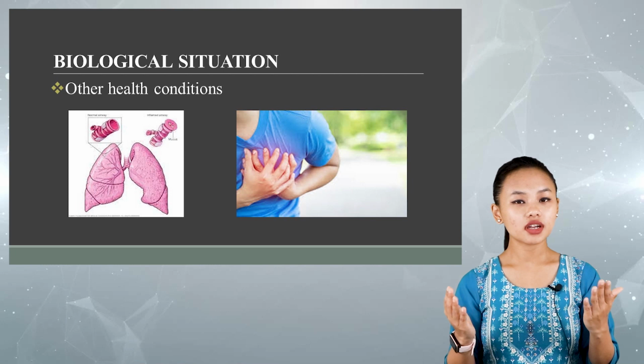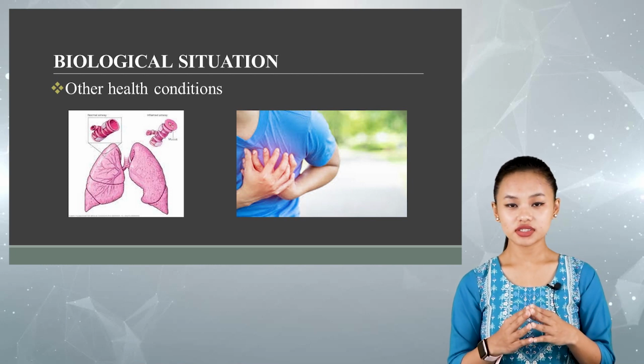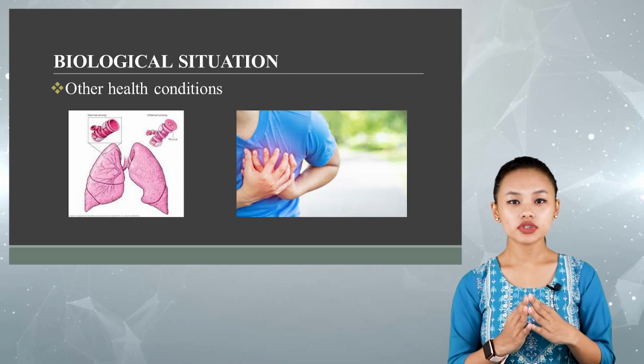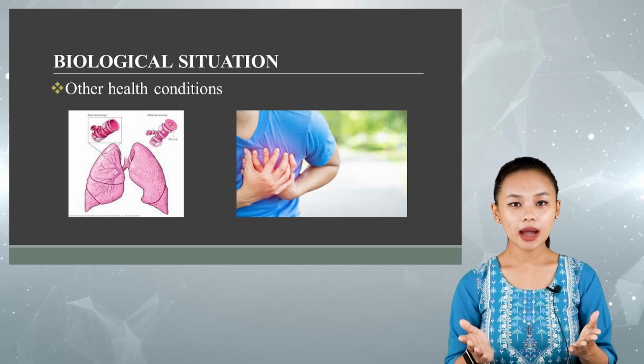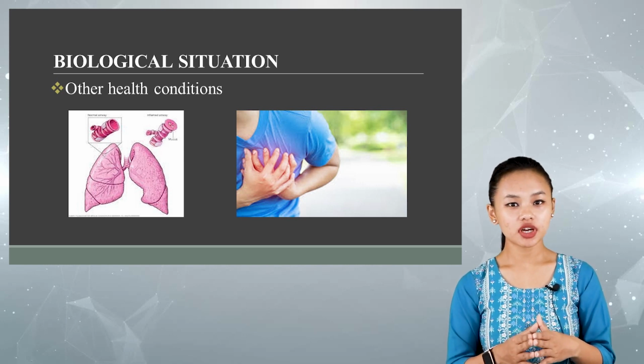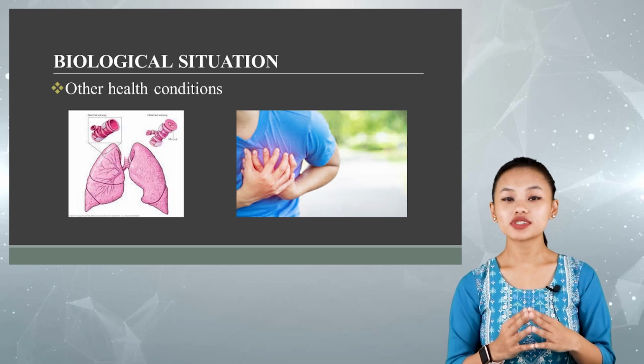There are certain other health conditions that can also lead a person to suffer from illness. For example, high blood pressure can lead one to suffer from stroke. So these are the biological situations that can lead one to suffer from illness.